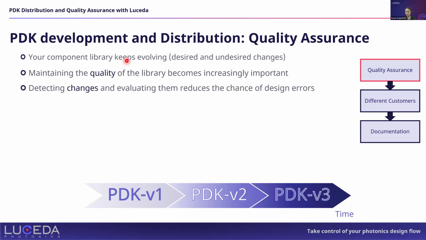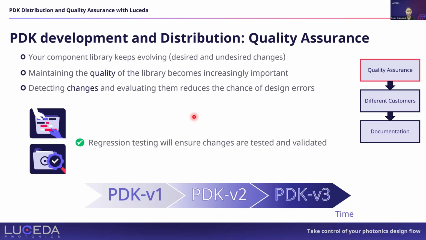So the component library, you work on it, you evolve it, and through time, maintaining the quality of those components becomes more important, and it is very important to detect the changes. We provide a tool for regression testing that ensures the changes are tested and validated. Then you can also do this regression testing for each PDK release.